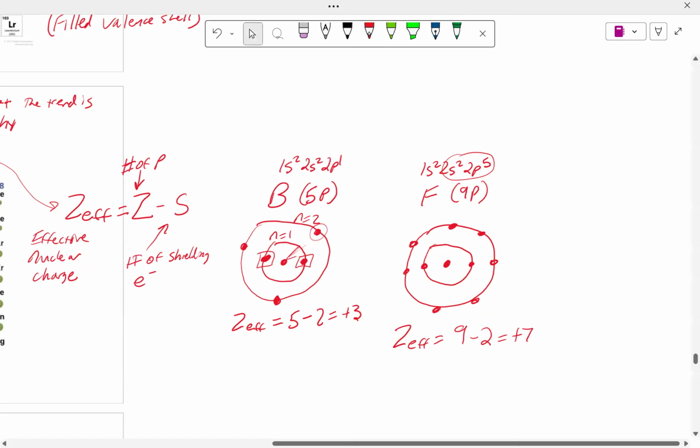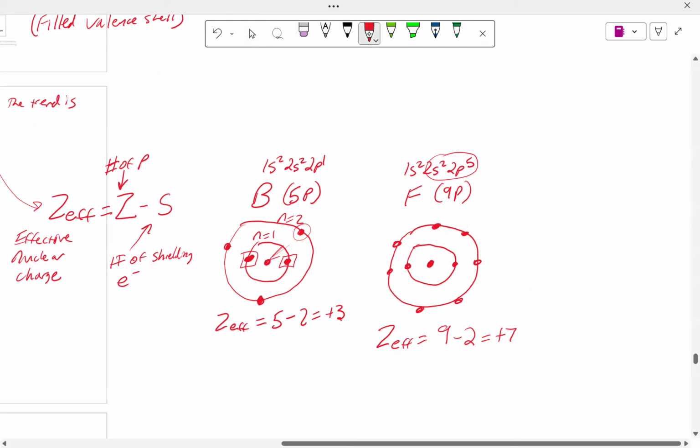What that means is that these electrons on the outside feel the pull of the nucleus a whole lot more than these electrons in boron.